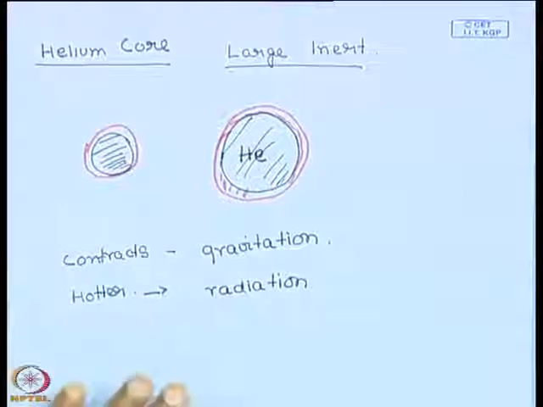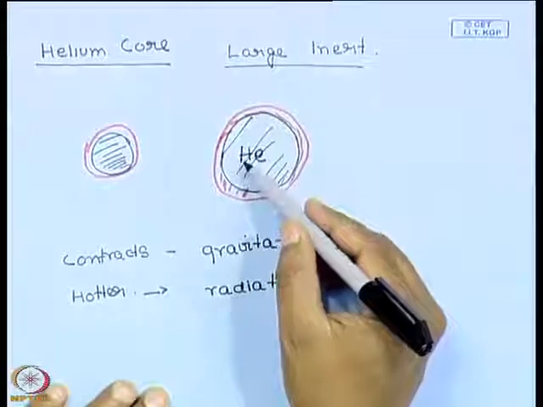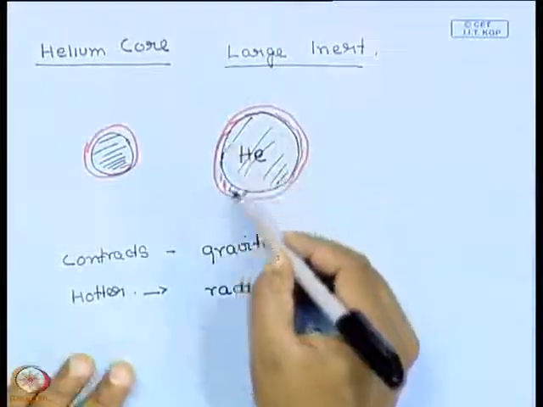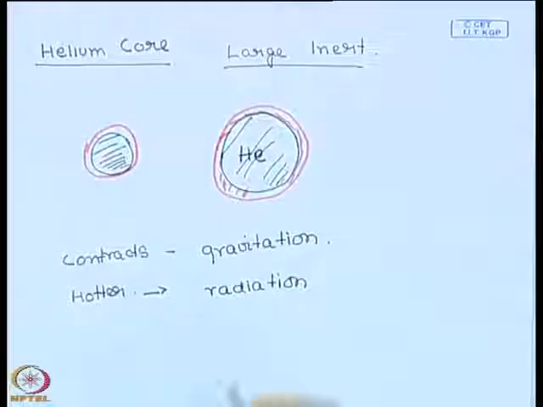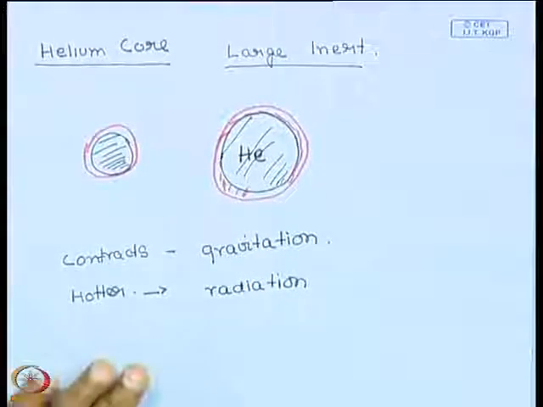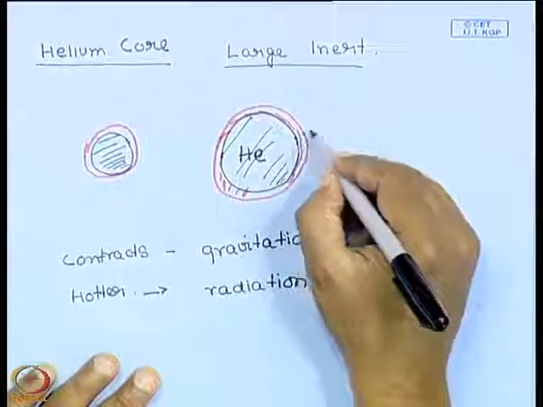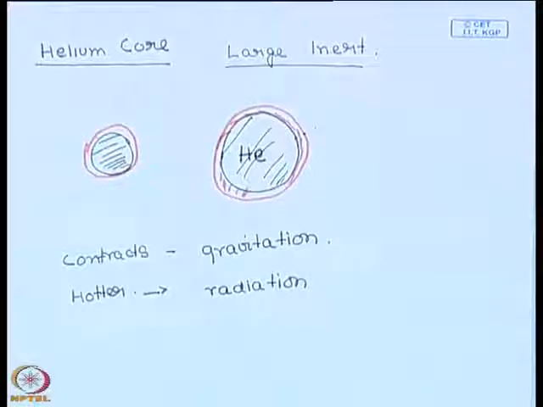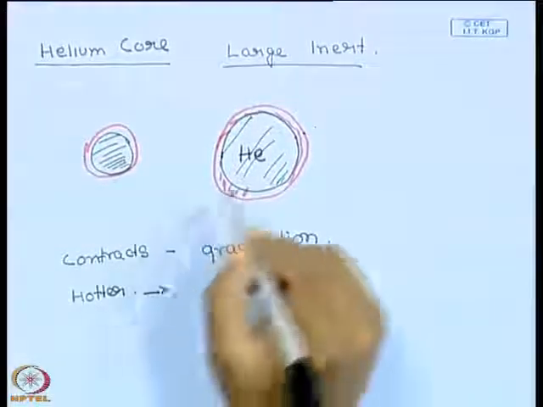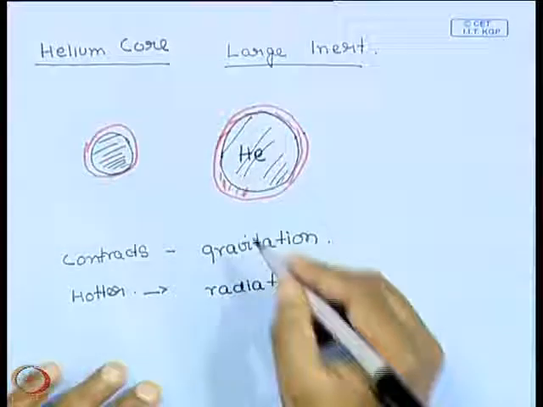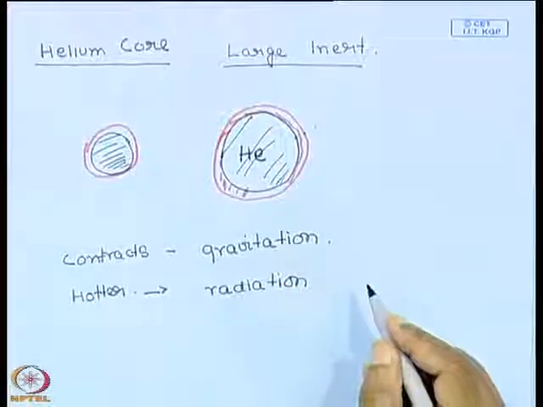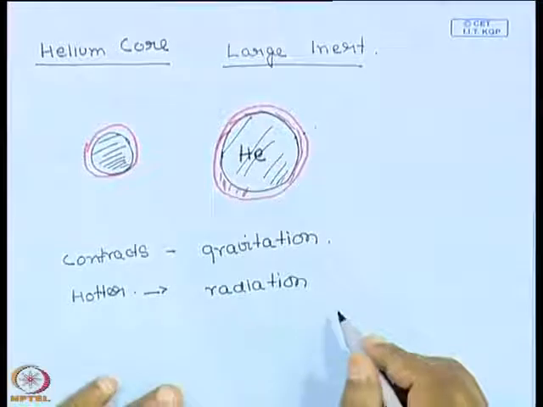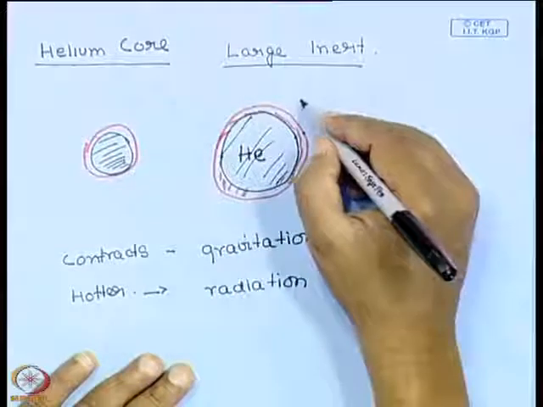Okay. And as it contracts and gets hotter, the hydrogen burning at the edge of the core also goes up. Okay. So, the whole thing contracts, and the radiation from here blows out the outer envelope.